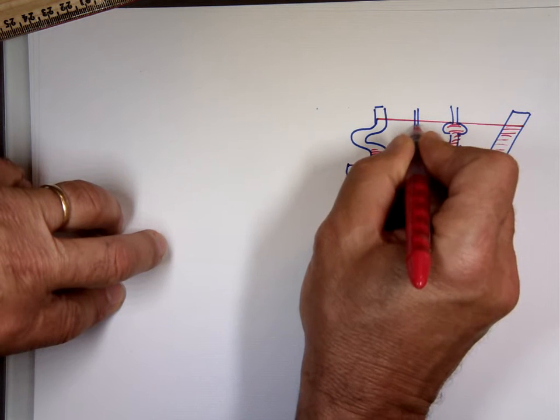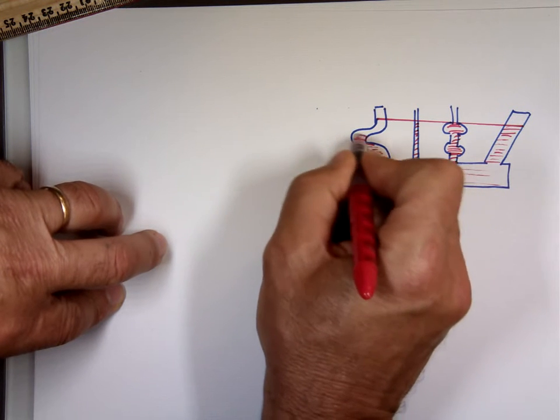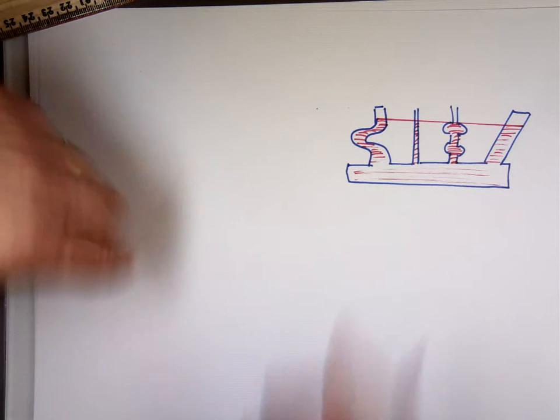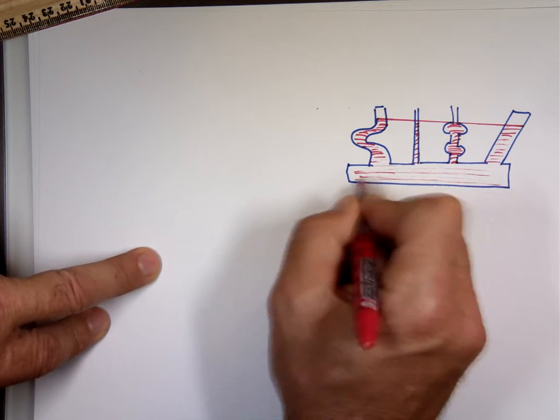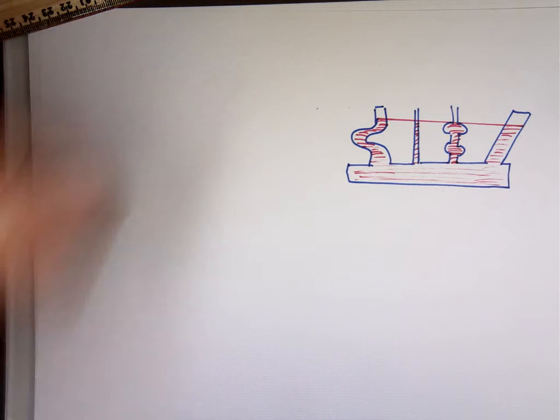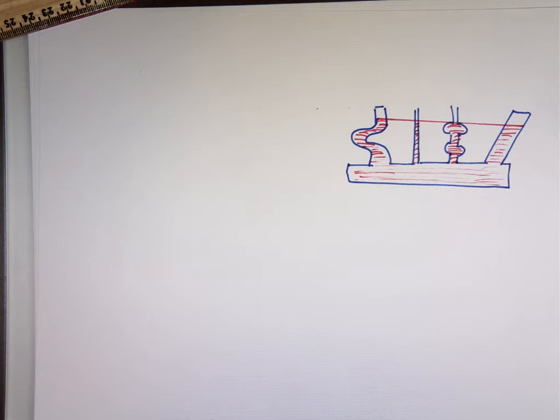Doesn't matter what the shape looks like, how wide or how small, or if there's a bend in it or not. All four of them will reach the same height. They have to, because the pressure has to be the same. If they had different heights, they would have different pressure, and the pressure would push them down.